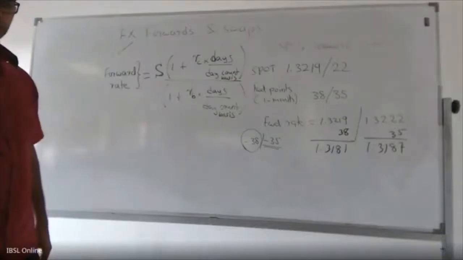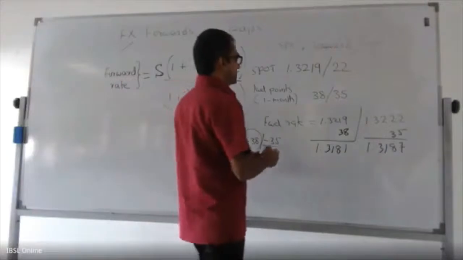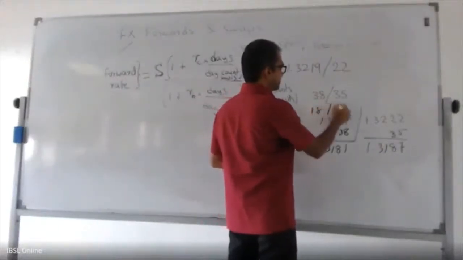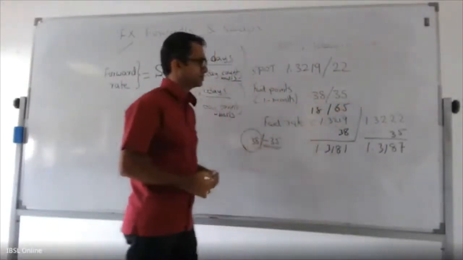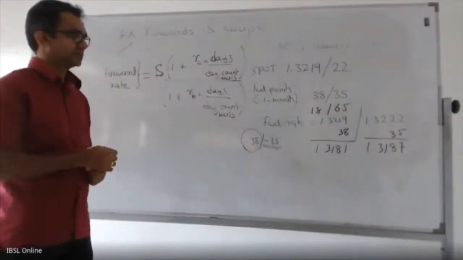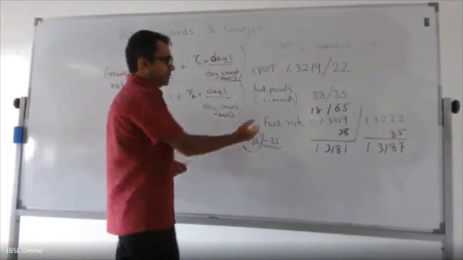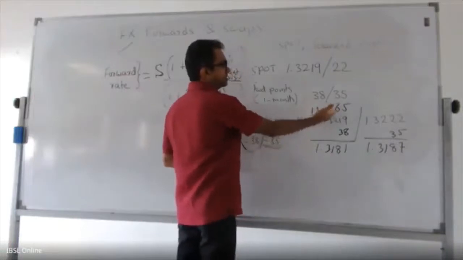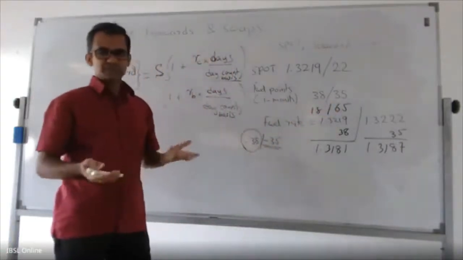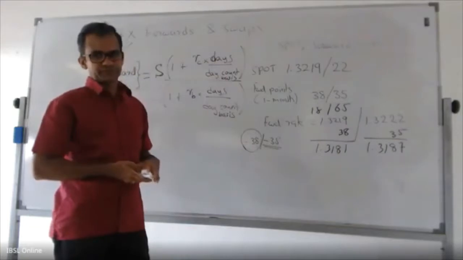If the difference between the 38 and 35 is very high, then can the offer be the other way around? No, it never happens. If you make it 18, 65, then this implies that the points are positive.